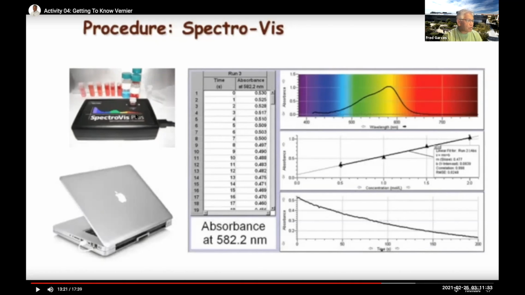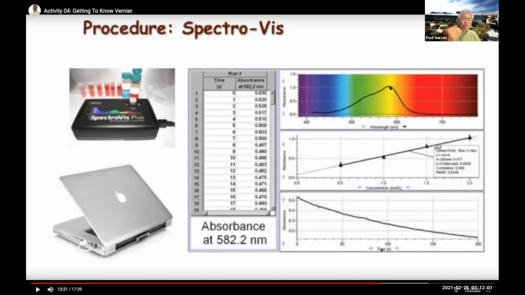So this chemical right here, whatever it is, has the greatest absorbance right about 580, 590 nanometers. This scale down here is in nanometers. So it has a maximum of 590. And when you're trying to monitor chemicals, remember that the absorbance, according to Beer's law, is proportional to the concentration.